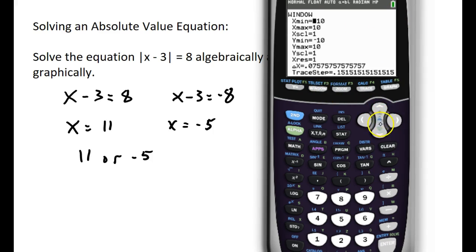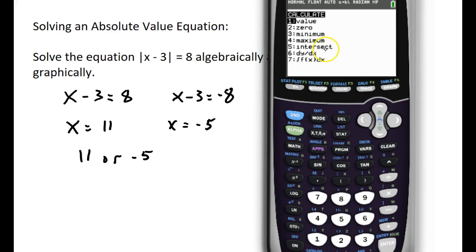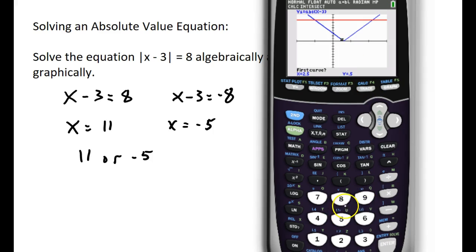So let's change our window to go from -10 to 15, do a scale of 5, and there's the absolute value. There's the Y equals 8. I'm going to go second calc, and we're going to get the intersection.